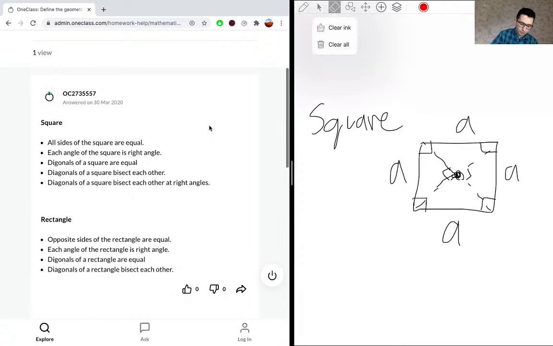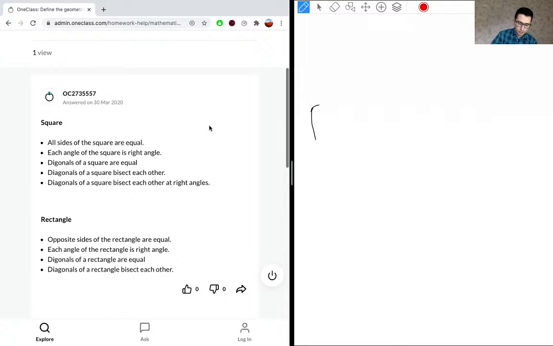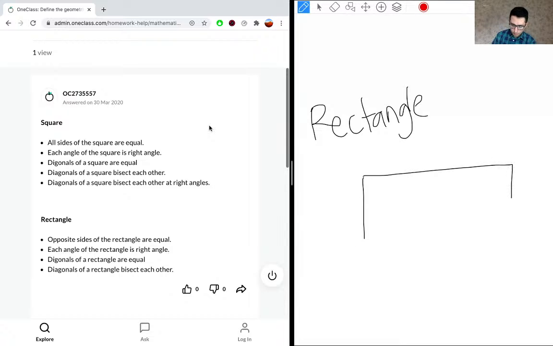For a rectangle, we have something like this. A rectangle has the following properties. So opposite sides are equal.